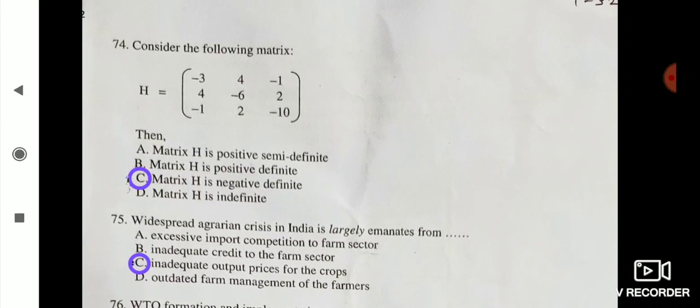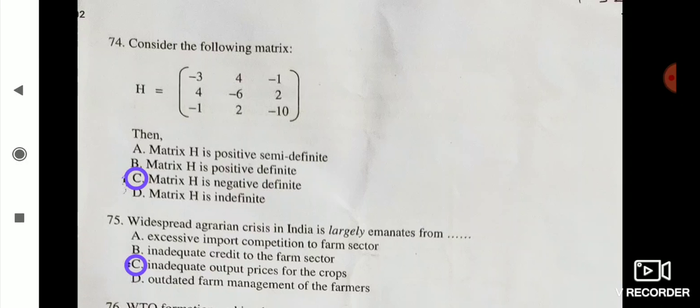Then next, consider the following matrix. Here a 3x3 matrix is given. Then the question is about, and the options are, matrix H is positive semi-definite or positive definite or negative definite or indefinite. And here, as we know, the determinant of the first principal minor is -3, so it is negative, and the second is 2, so it is positive.